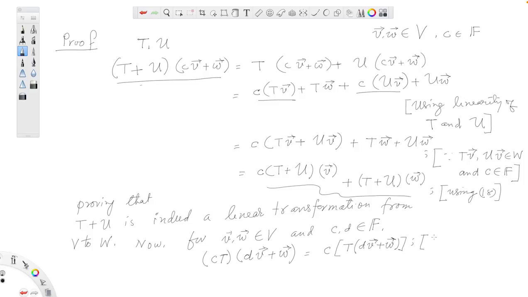This we can do using the definition of scalar multiplication on the set of linear transformations from V to W, using 19.